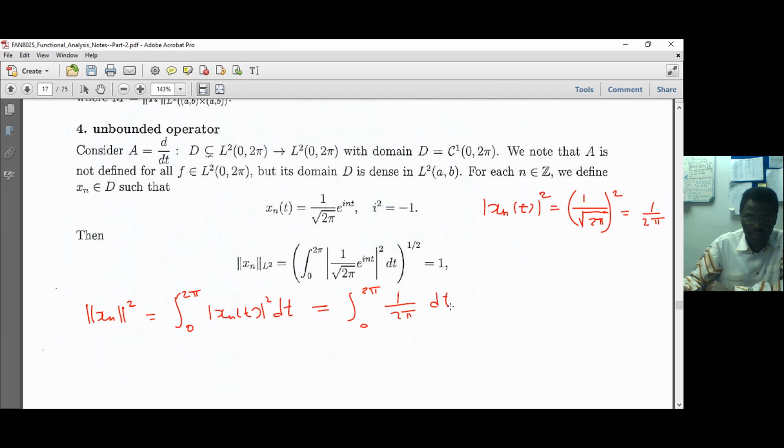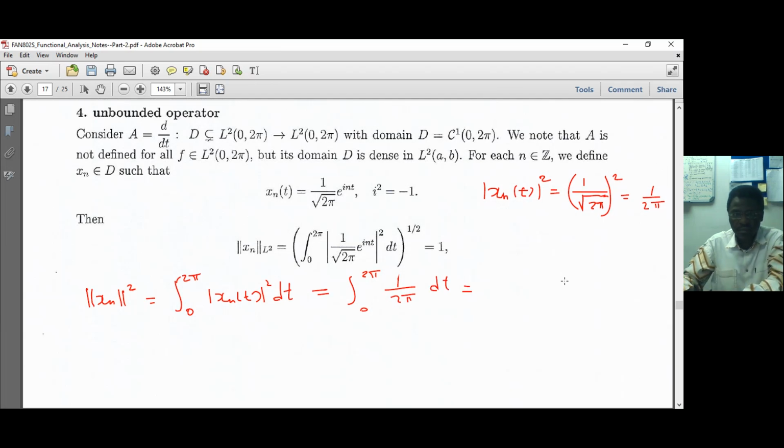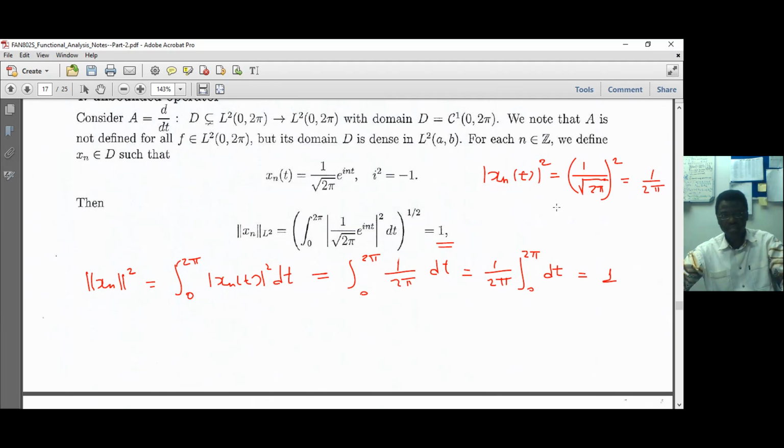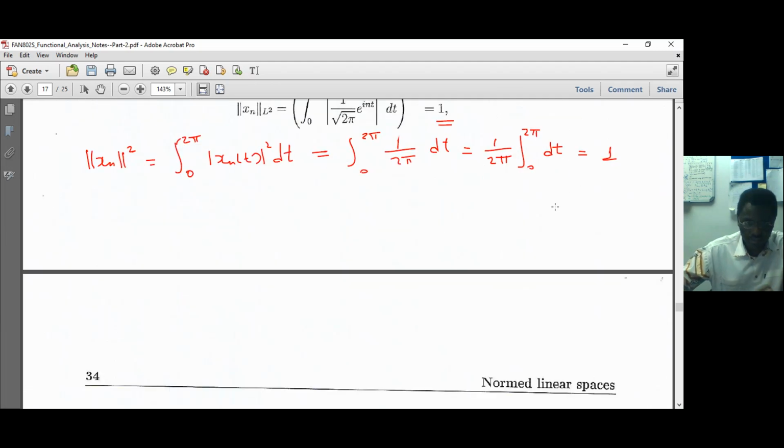But this is a constant, so if I take it out of this, it will be 1 by 2 pi into the integral 0 to 2 pi dt, and the antiderivative of this is t. So that will be 2 pi by 2 pi, which is 1. So that's why we have this. Even if I take the square root of 1, it's still 1. Okay, so that's what we have there, right? The norm gives us 1.